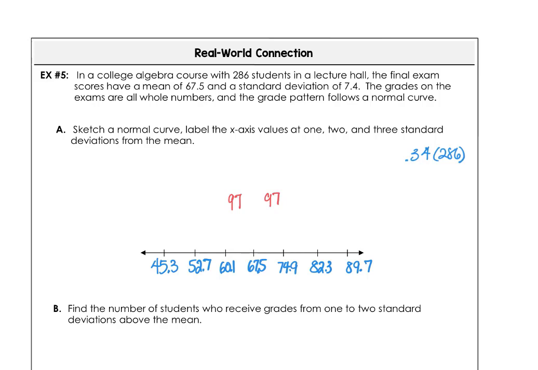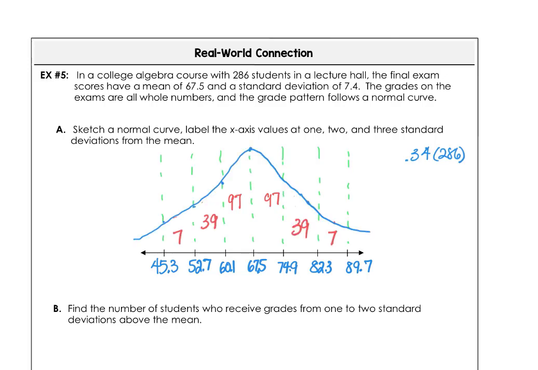And if 13.5% is in 2 standard deviations, then you would have 38.6, or we would have 39 students on either side. And then 2.35% in the third standard deviation of 286 would give us 6.7, or 7 students at both ends. Now we can draw our standard normal curve. And so my finished curve looks like this.